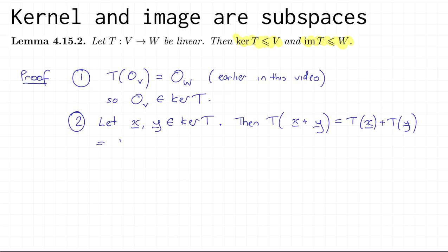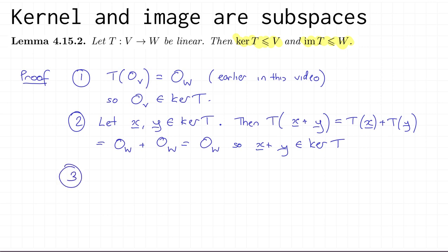But since X is in the kernel, that's the 0 vector. And since Y is in the kernel, that's the 0 vector as well. So what we have is 0 W again. If you add the 0 vector to itself, you get the 0 vector again. So X plus Y is in the kernel of T. We've shown that the kernel is closed under addition.